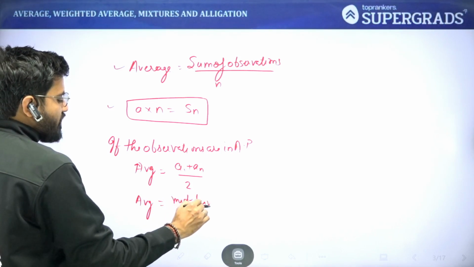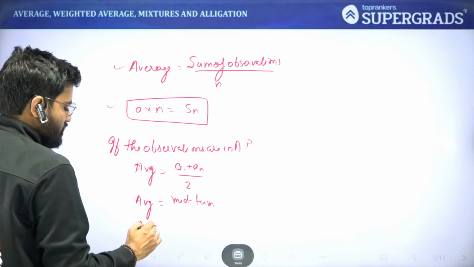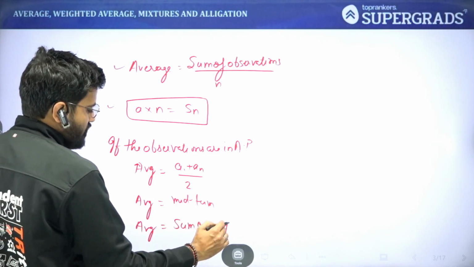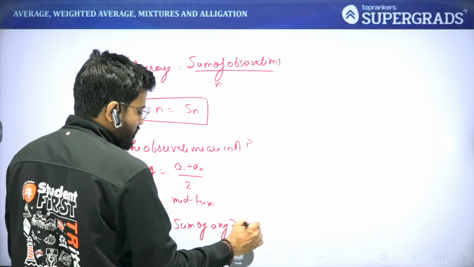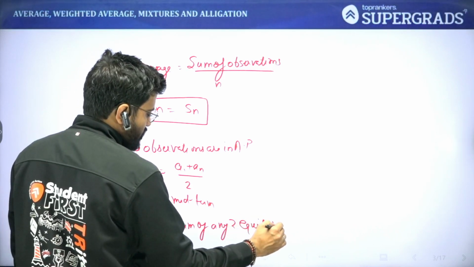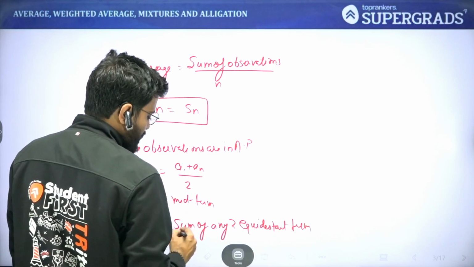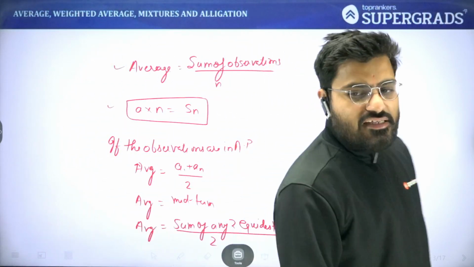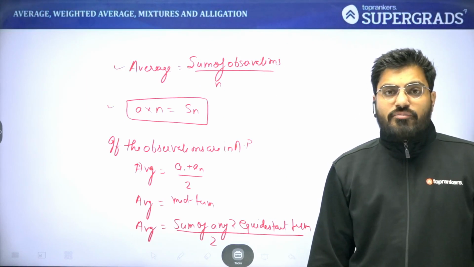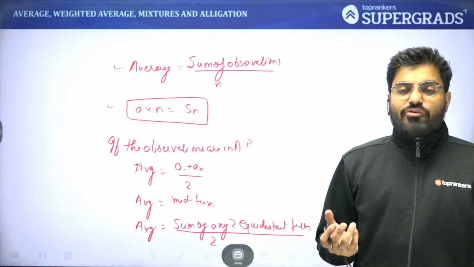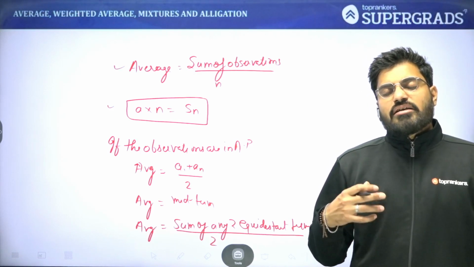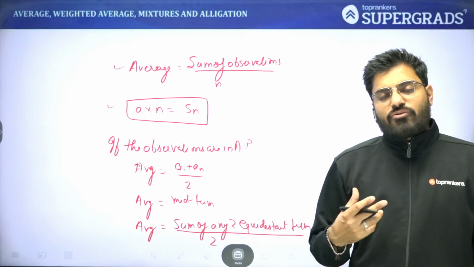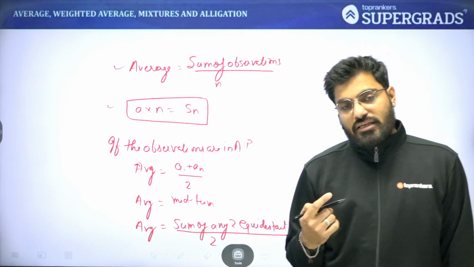Or you can write average as the sum of any two equidistant terms divided by 2. So if you know the first term and last term, you can calculate the average. If you know the middle term, you know that this is the average. And if you know any two equidistant terms, meaning the second term added with the second last term, the third term added with the third last term, and their average comes out to be the average of the series. So you have to keep this in mind.